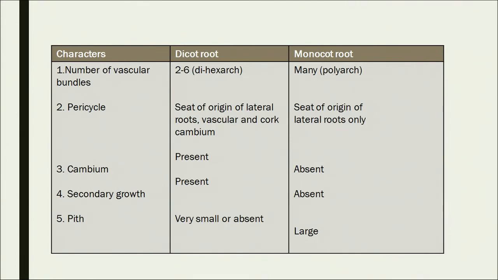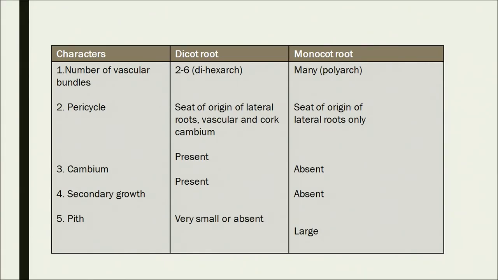This condition is called polyarch. If we have 2 bundles, they are diarch. If there are so many bundles, they are called polyarch. So, dicot root is diarch to hexarch, but monocot root has many vascular bundles, so it is called polyarch.